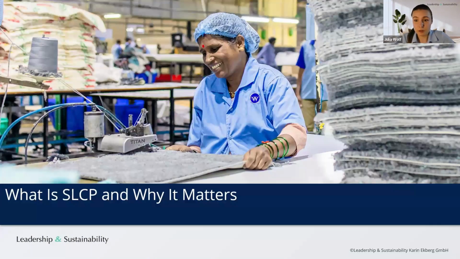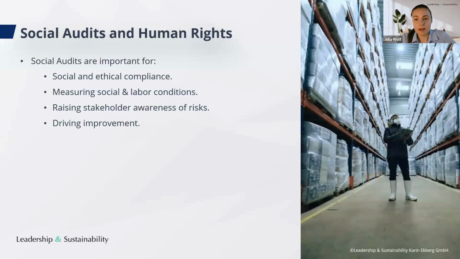So let's first have a look at what SLCP is and why it matters. I think it is common sense in this room that social audits are important to check social and ethical rules in facilities all around the world.